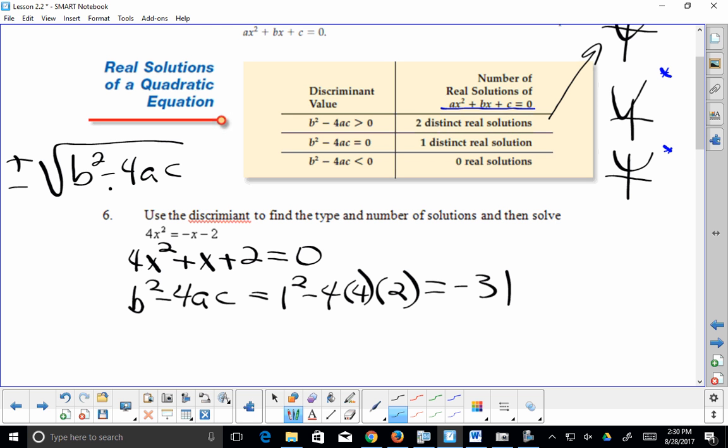So since we get negative 31, then we say there are no real solutions.